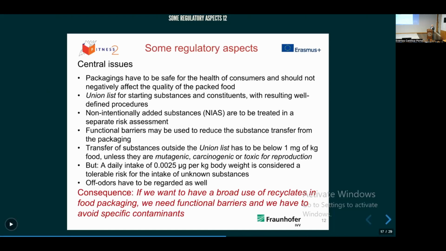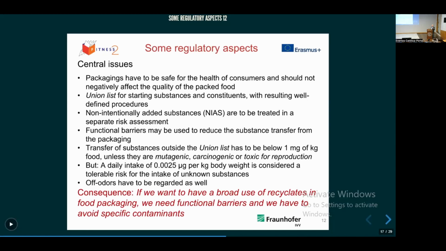I will tell you a little bit more about this in a minute. Nevertheless, there are two figures that are valid at the moment: 1 milligram per kilogram of food if you use a functional barrier, unless the substances are CMR substances. But if they are CMR substances, the daily intake that has been set up is much, much lower.